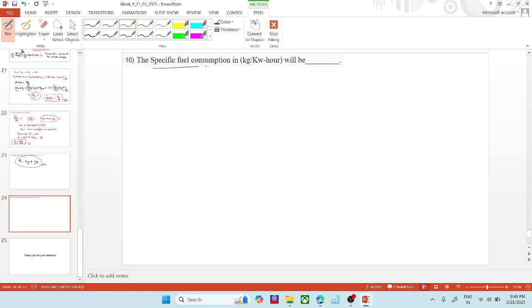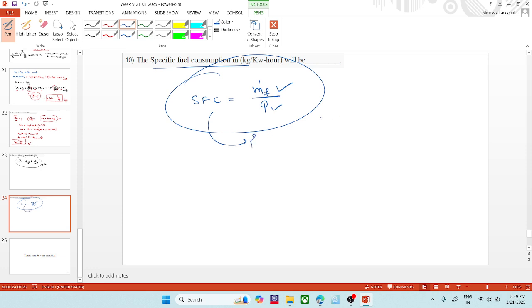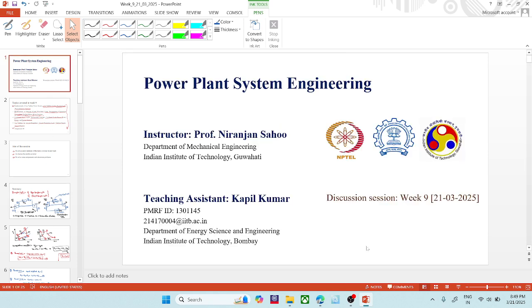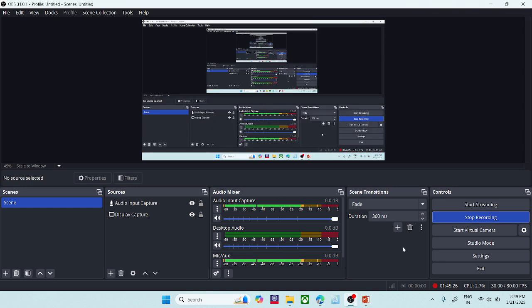The specific fuel consumption would be the mass flow rate of fuel divided by the power. This value we are having, the mass flow rate of fuel, not air, and this value we are having. If we are having both the values, then we can determine the value of the specific fuel consumption. So I hope this part you can also solve. So these are the problems and the things I wanted to discuss in this session.